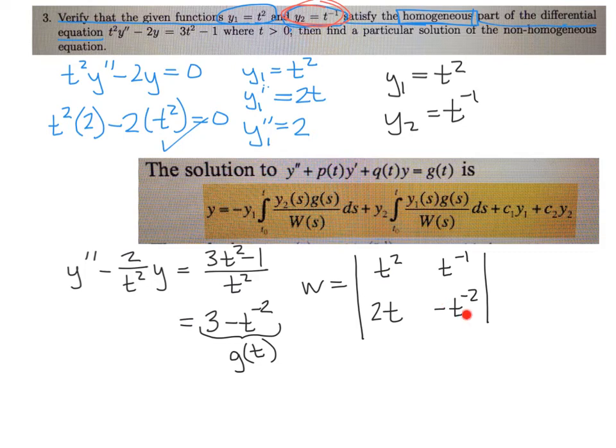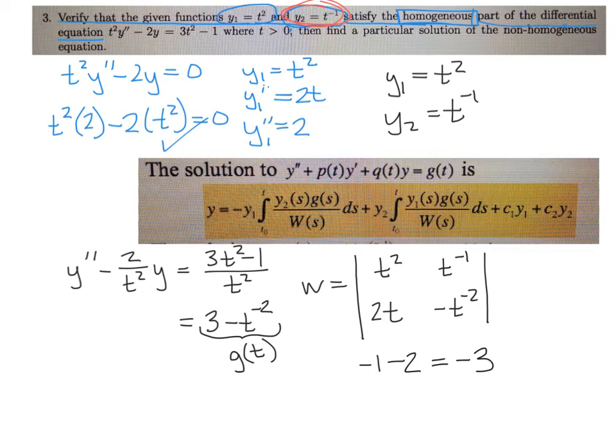So if I multiply down, I've got a t squared times a t to the negative 2. So that just becomes t to the 0, which is 1. And so then multiplying down, I've got a negative 1 minus the multiplication up here. I've got a t times a t to the negative 1. That's a t to the 0, which is 1. And that has a 2 out in front. This is equal to negative 3. So our Wronskian is negative 3.